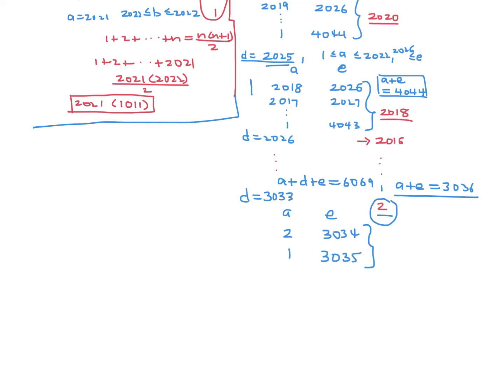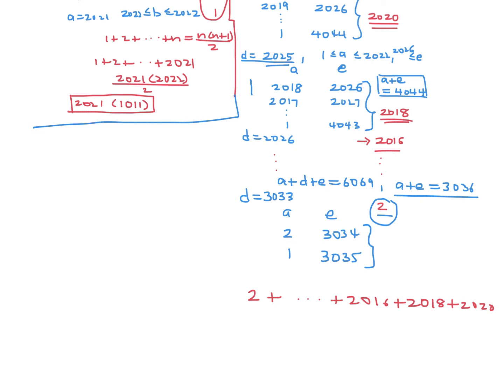So we got to add up all these guys. The 2020 up here, the 2018, 2016, all the way down to 2. So it's basically like a 2 plus ... plus 2016 plus 2018 plus 2020, I believe, is the last one, right? Okay, so this is similar.